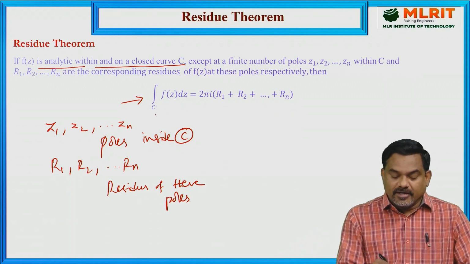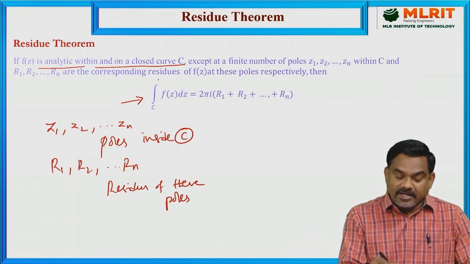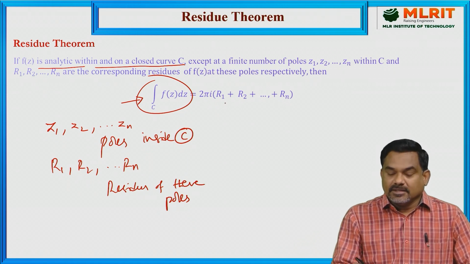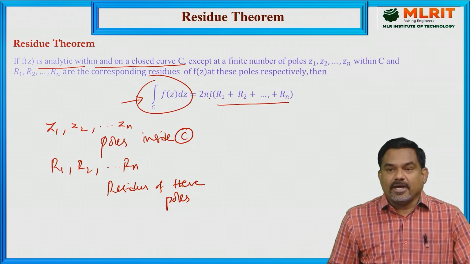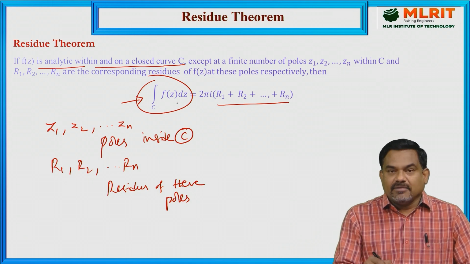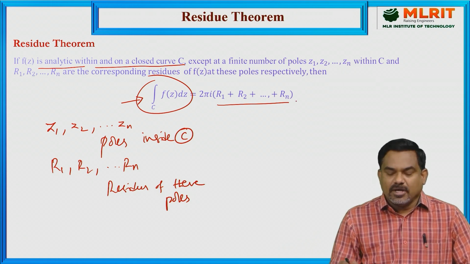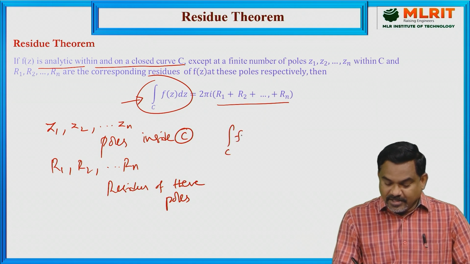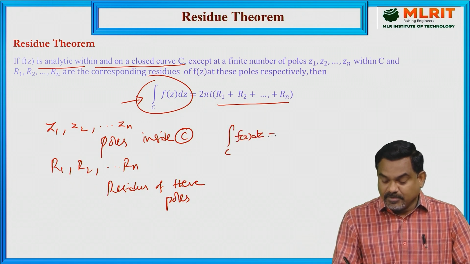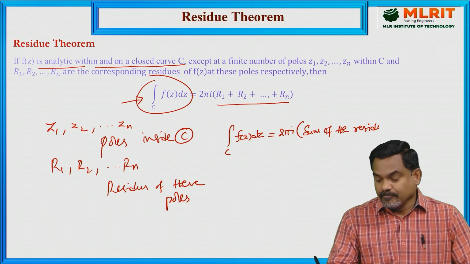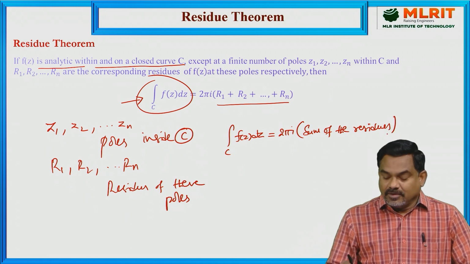Then, according to Cauchy's residue theorem, the line integral of f of z dz is obtained by multiplying the sum of the residues with 2 pi i. So, the line integral of f of z dz is equal to 2 pi i into R1 plus R2 plus so on Rn. Simply, the line integral of the given function of complex variable along the curve C is 2 pi i into the sum of the residues. So, this is the statement.